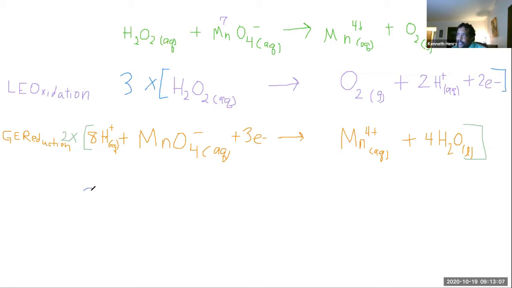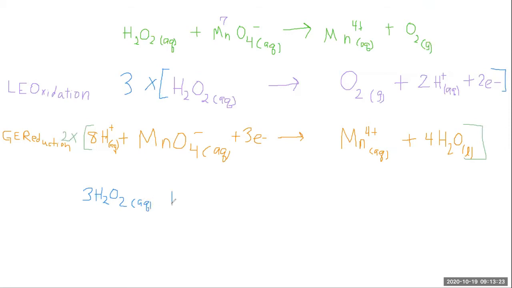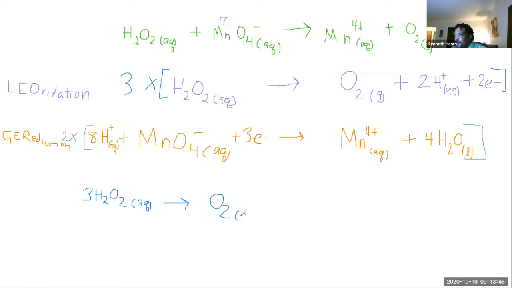So what is that? 3 H2O2 aqueous plus, oops, not plus, yields O2. Wouldn't it be 3 O2? Thank you.